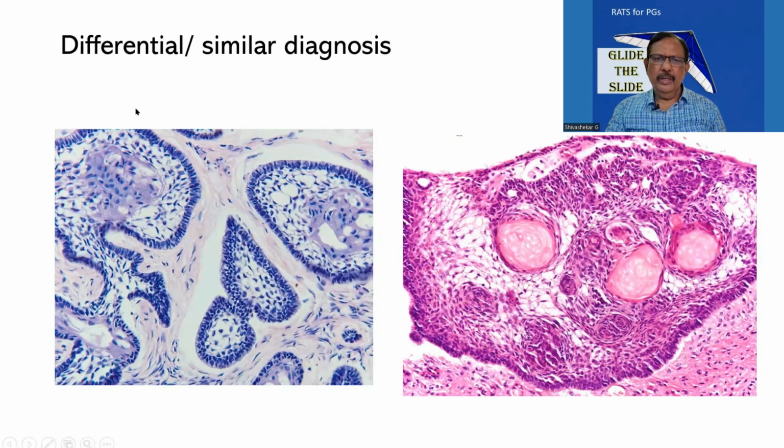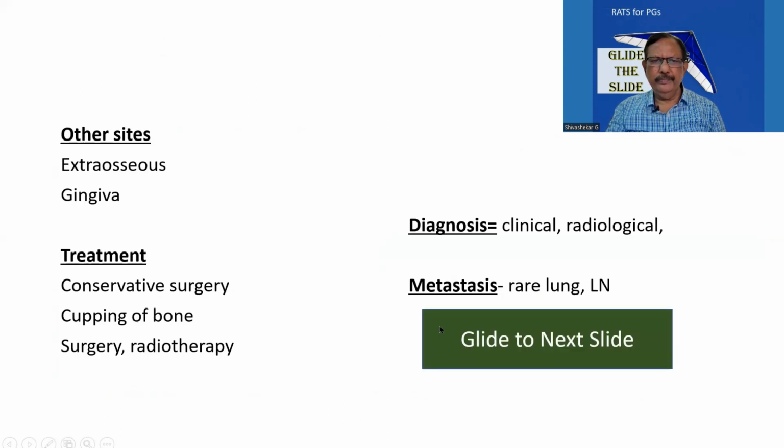So, what is the differential diagnosis? You people will always have to think of the palisading arrangement that you see, simulating the ameloblast. There can be areas of cystic degeneration and a myxoid stroma with a stellate reticulum. The other site is extraosseous, it can be in the gingiva.